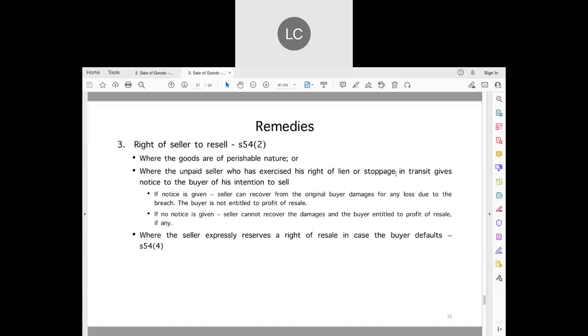However, if there is any profit from the resale, the original buyer shall not be entitled to any profit. Okay, this is the position if the notice of resale has been given to the original buyer.